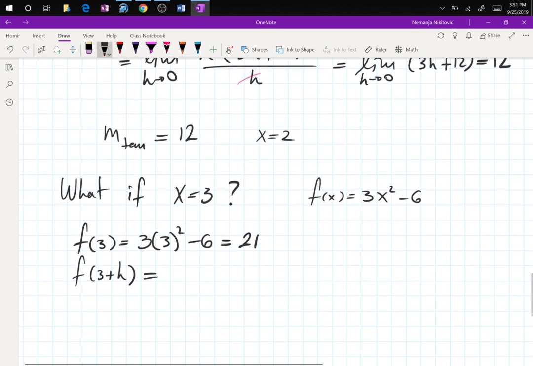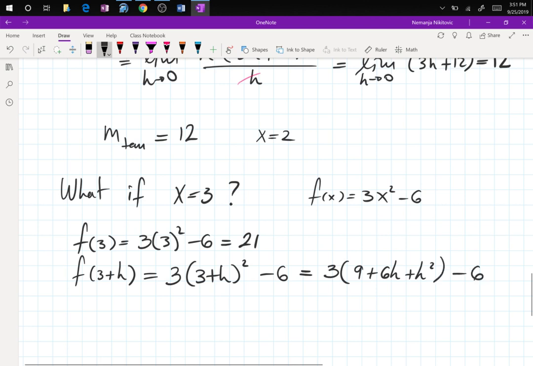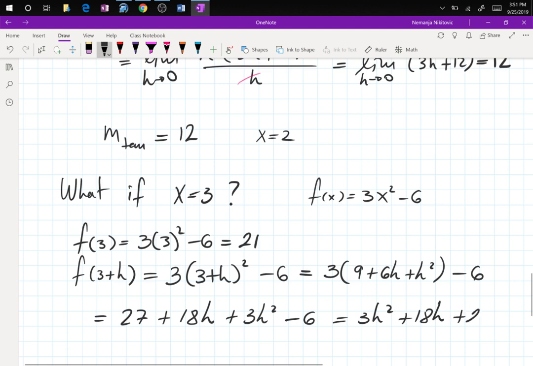And that also changes drastically, so you have 3 times (3 plus h) squared minus 6, and then you have to recompute all of these things. So that's going to be 3 times 9 plus 6h plus h squared minus 6. And that is equal to 27 plus 18h plus 3h squared minus 6, for a total of 3h squared plus 18h and then plus 21.